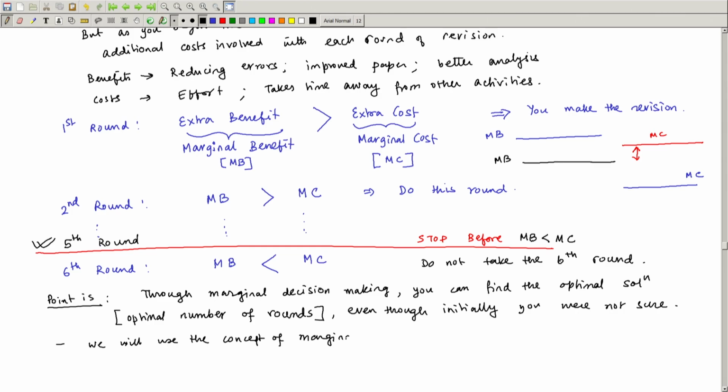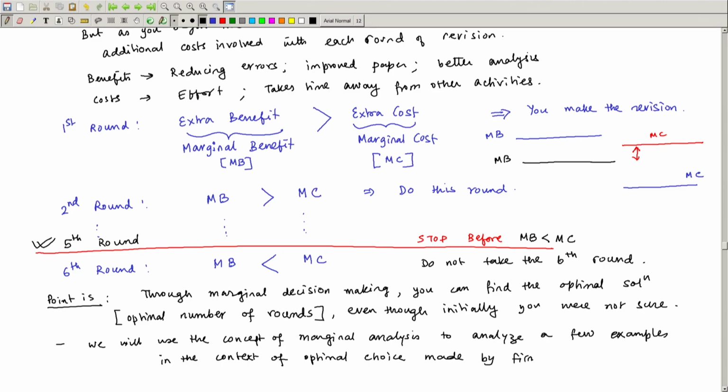We will use the concept of marginal analysis to analyze a few examples, in the context of firms. In the context of optimal choice made by firms, right.